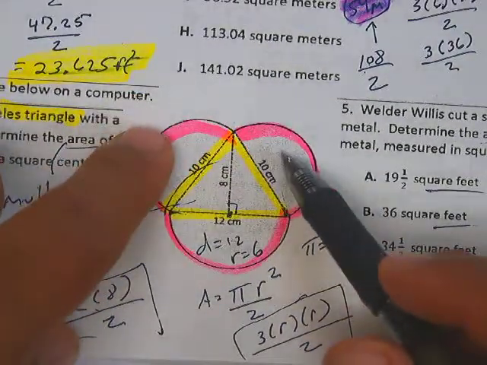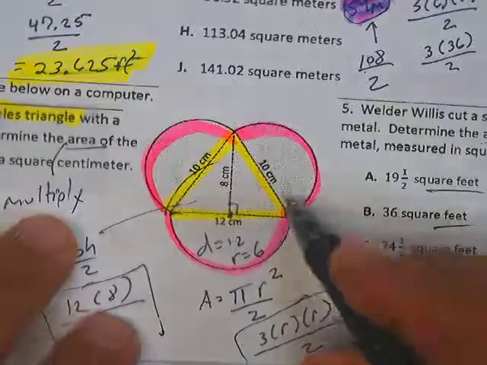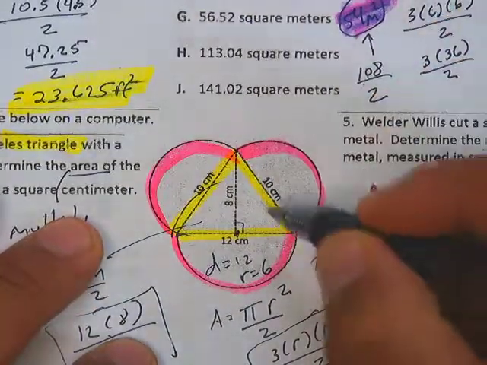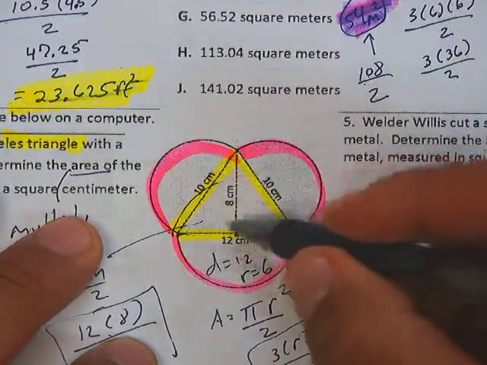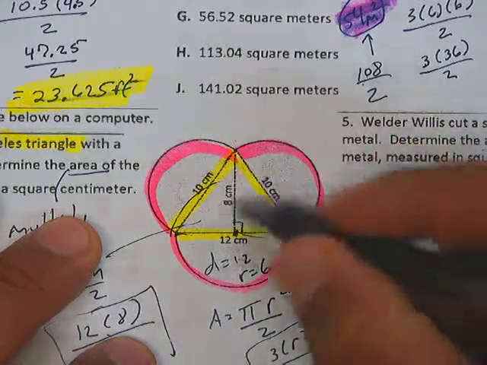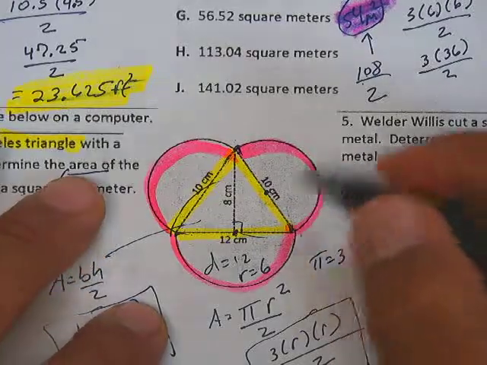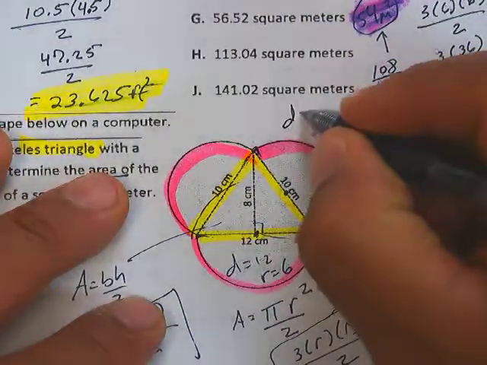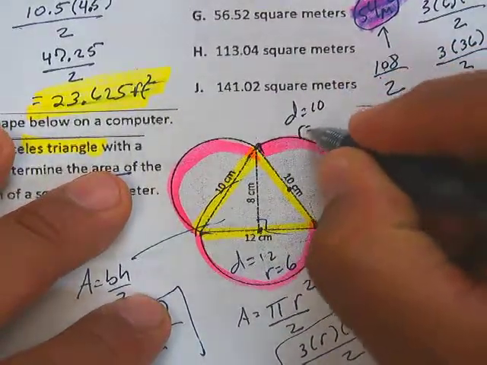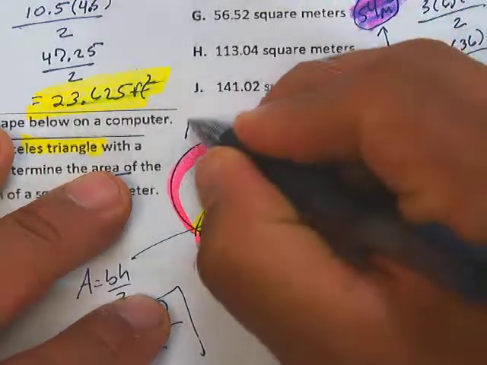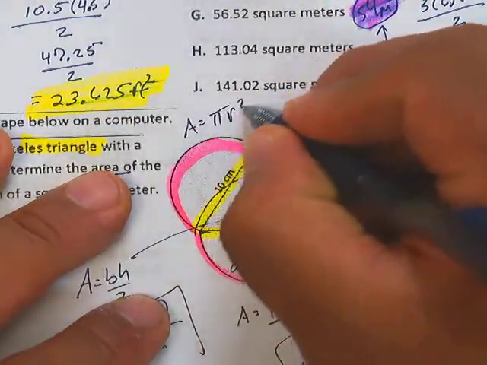Now you have to find the area of this circle. If you can see these two halves, if I put them together, it makes one circle. Going from one end to the other side through the center, that's the diameter. So the diameter is 10 and the radius is 5.